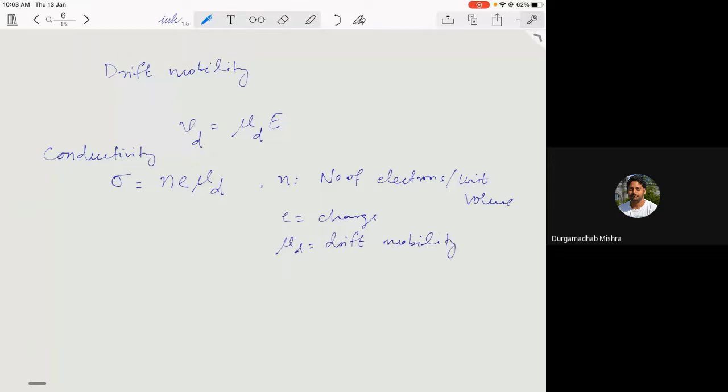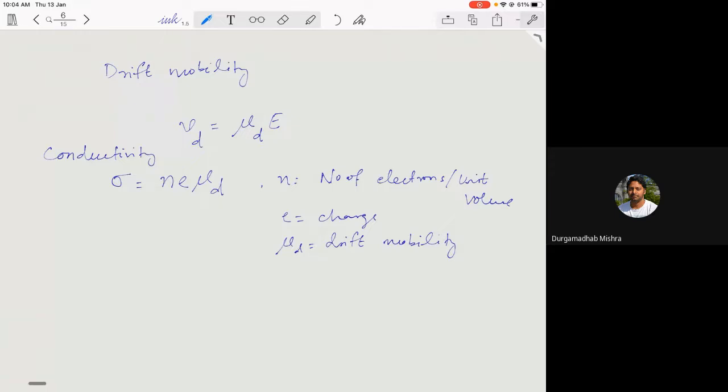So here what we see is a correspondence between a macroscopic quantity which we can measure, the conductivity in this case, by applying a voltage and measuring the current, or vice versa.